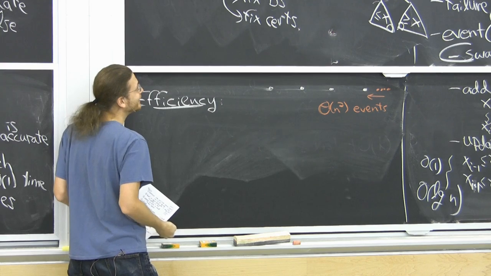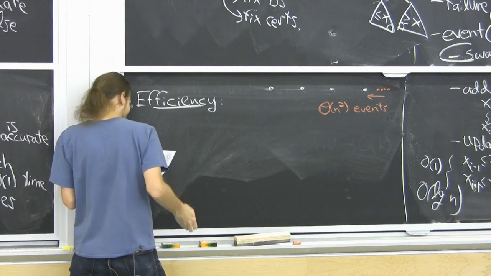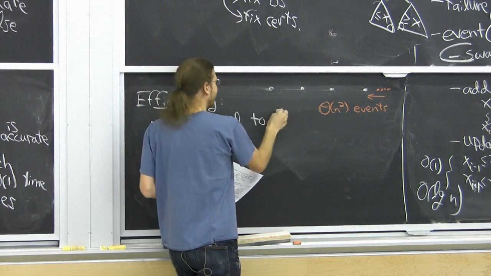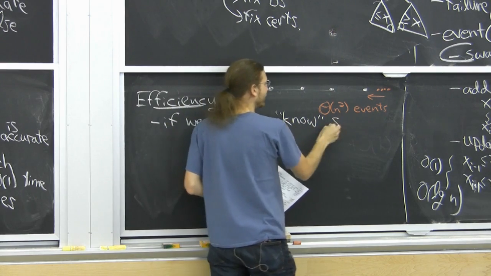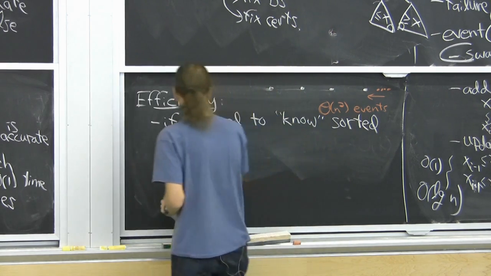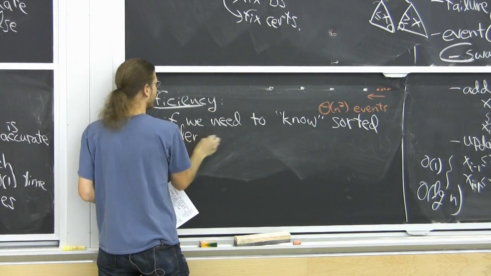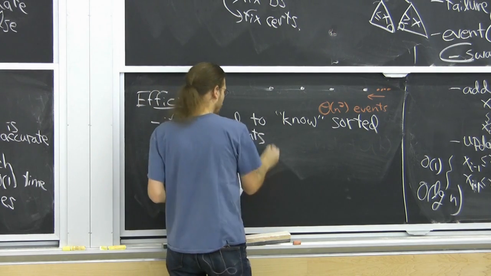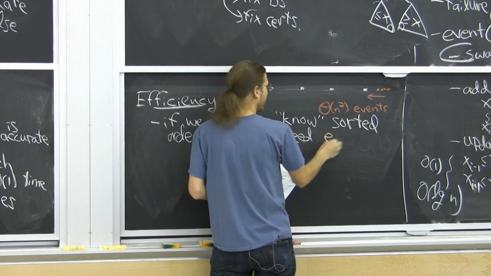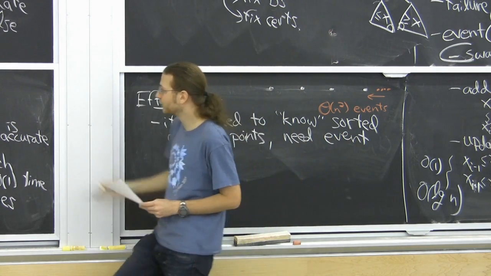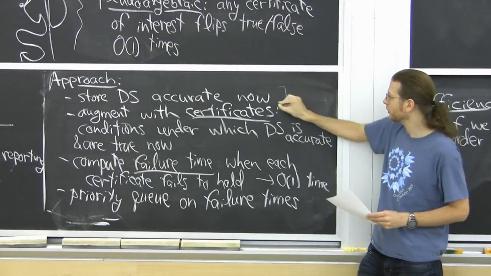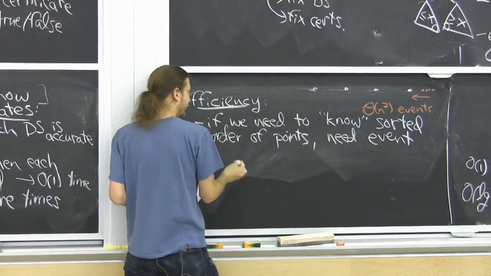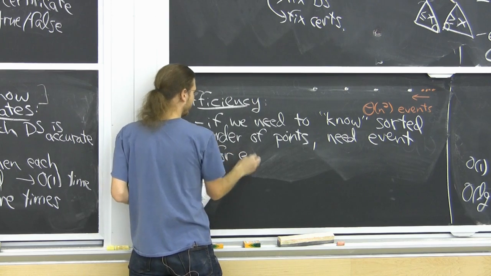If you want to maintain predecessors, let's put it this way, if we need to know the sorted order of the points, and we're going to keep a data structure that is always accurate now, which is sort of an assumption, then you need an event every time you have an order change.